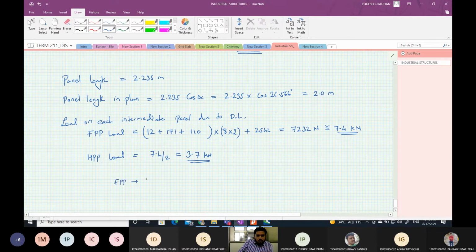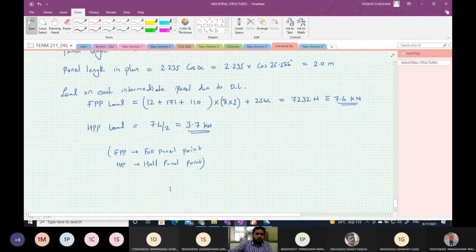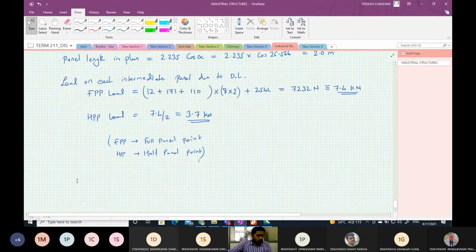FPP is the full panel point and HPP is the half panel point. This is for the dead load.